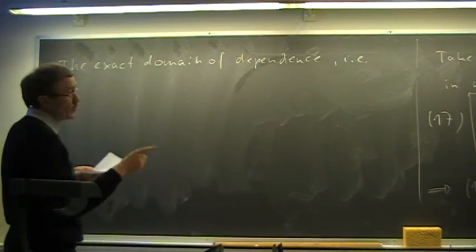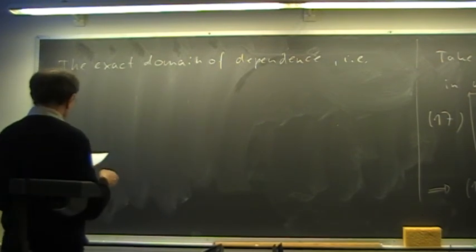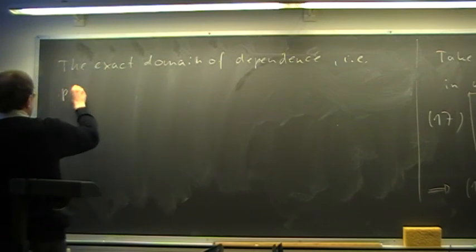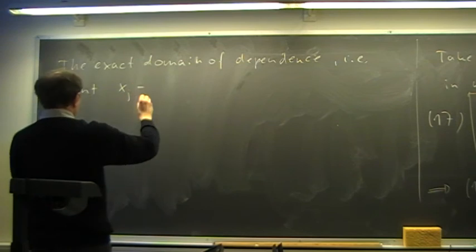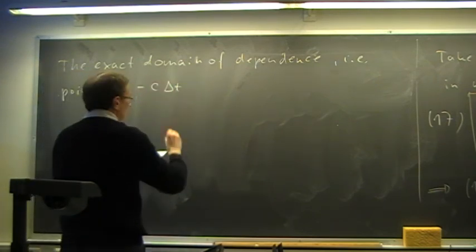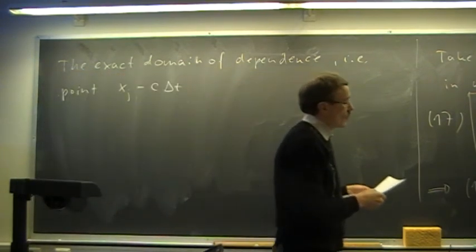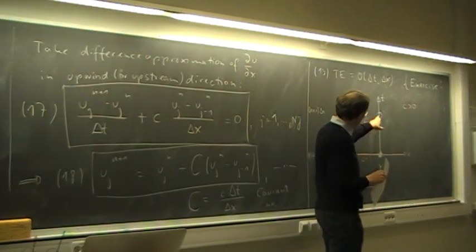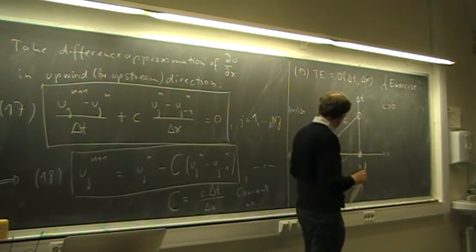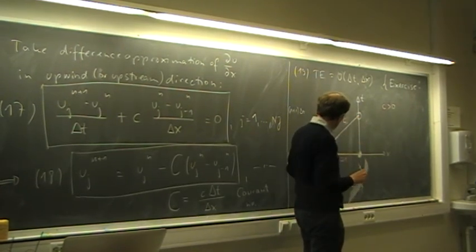The exact domain of dependence, that is the point xj minus c delta t. So that is the one that determines the solution where we want to have it. That is then for the domain of dependence, just the point in this case.